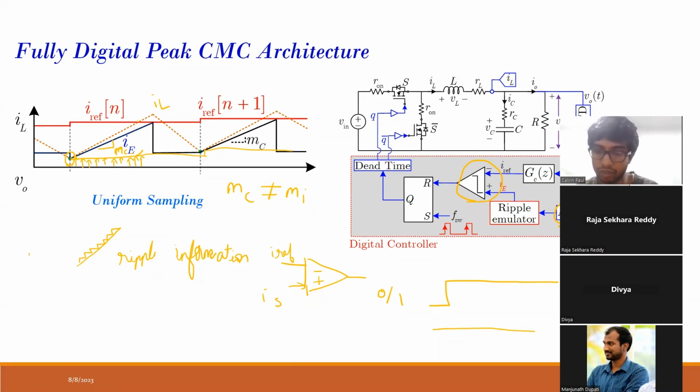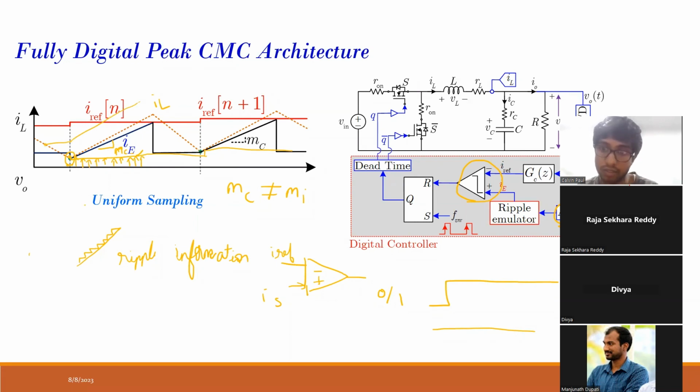But I need to take the sample at the valley. I cannot take a sample over here, take the value, then add the slope. That is not permissible. At the valley point, I need to take the sample of the inductor current and then I will add a slope.